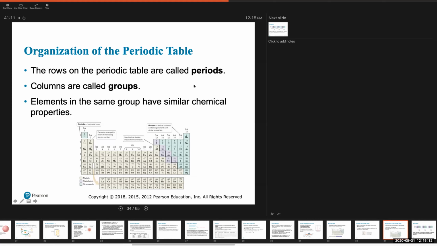So let's take a look at the periodic table. There are a couple things that we want to point out. The rows are called periods. So you see on the left there, 1, 2, 3, 4, 5, 6, 7. Those are the periods. The columns are called groups. 1A, 2A, then 3B, then you go over here to boron, and it's 3A, 4A on down the line.